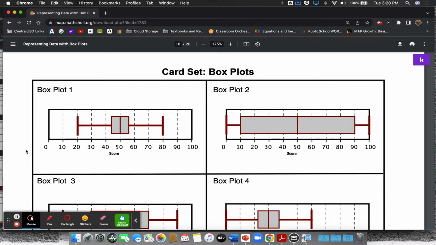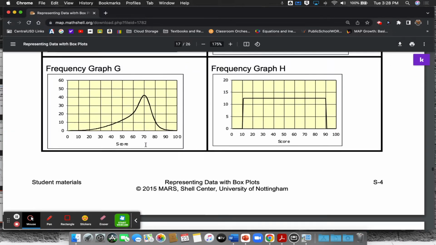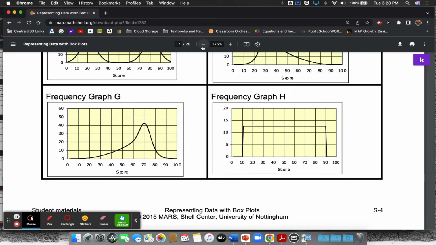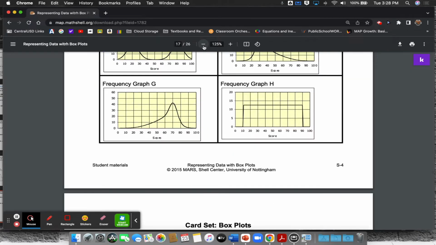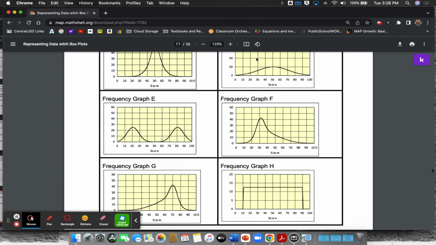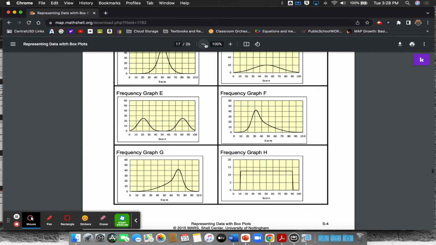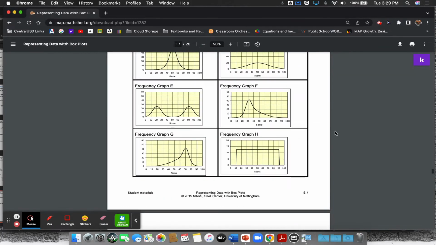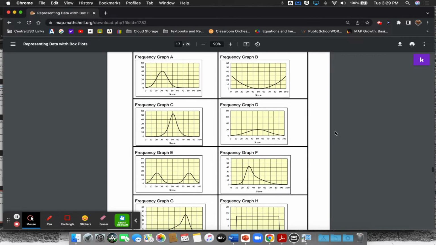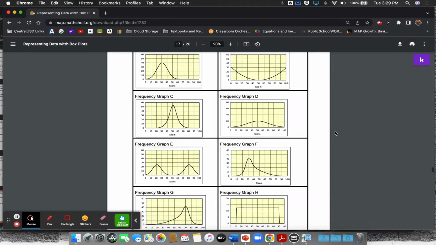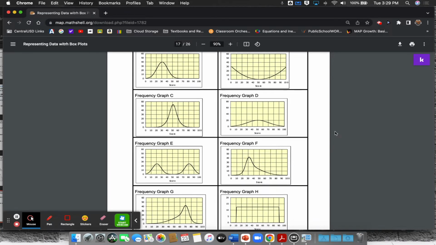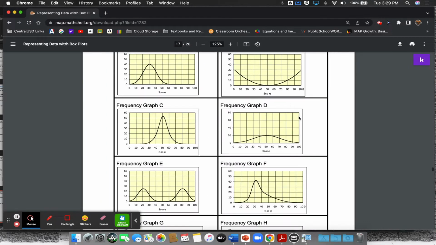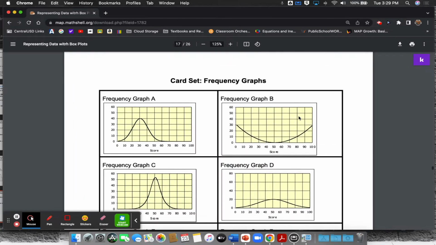So now let's look at the ones that match with it. I'm trying to make them as big as I can. So let's go 2 at a time so it's big enough, because right now it's small. Or let's go 4 at a time.